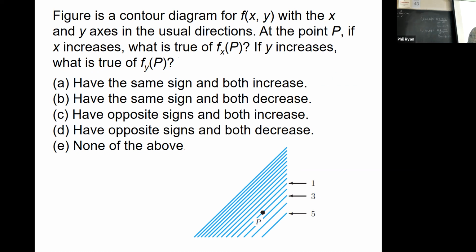Here's another example. We're at P. What happens as x increases? Is it positive or negative? Positive, right? Because we're going from the 3 towards the 5 contour.